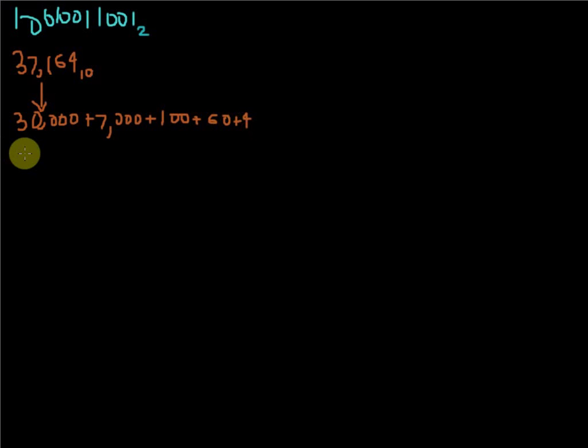So these are the same, and then we can reformat this as 3 times 10 to the 4th plus 7 times 10 cubed plus 1 times 10 squared plus 6 times 10 plus 4 times 1, as 1 is 10 to the 0th.